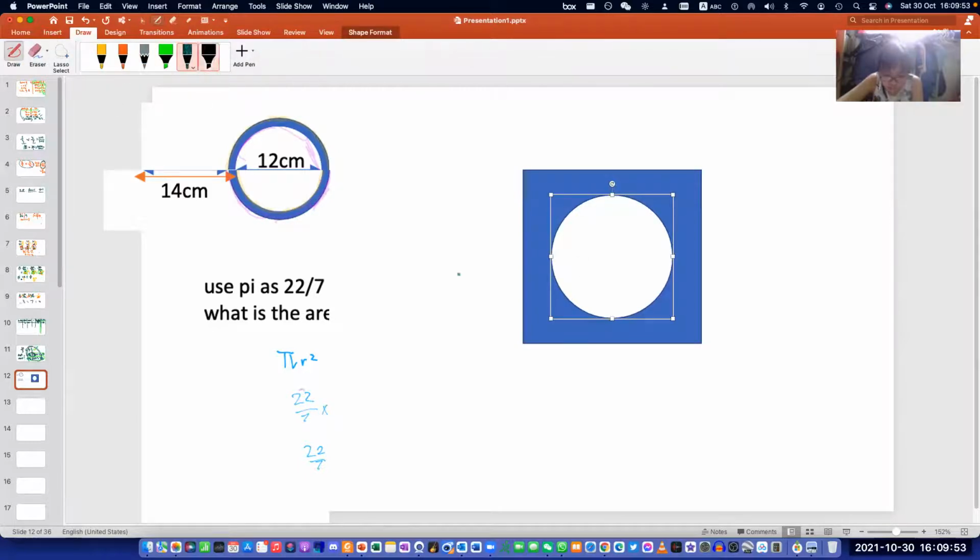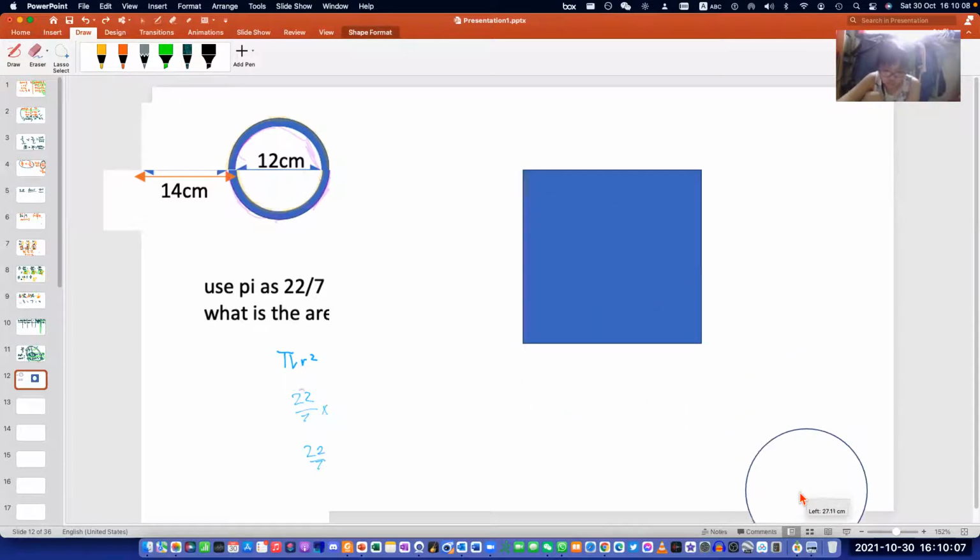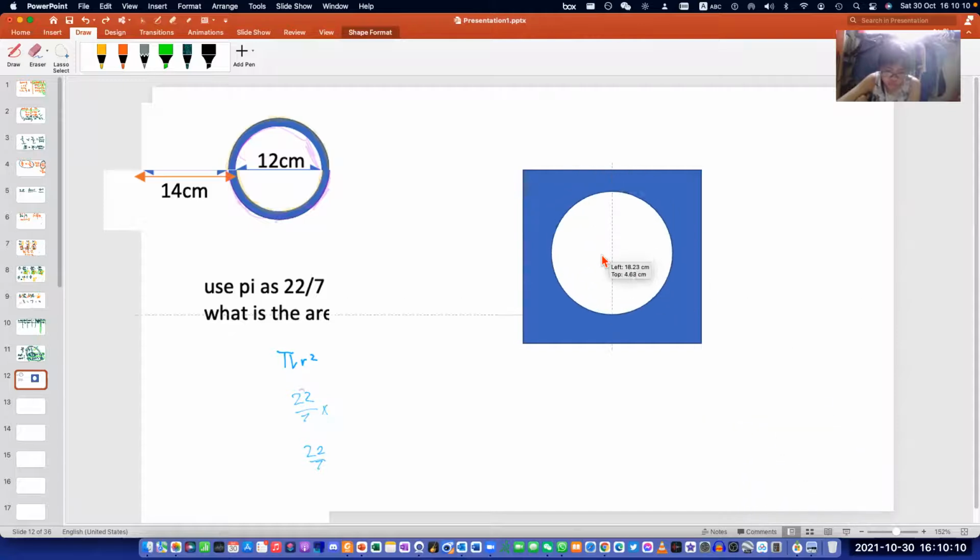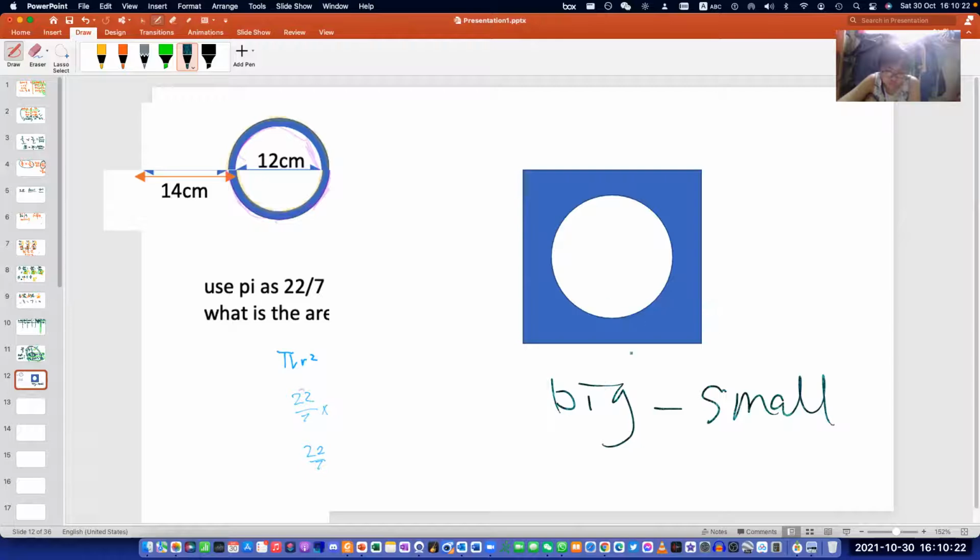Find the bigger one and then find the total, then the bigger one? What are you talking about? Look, you have a square, and then now you put the circle inside. So now that you are asked to find the shaded one, what's the strategy? You use the big one minus the small one. So in this case, what's the big one?